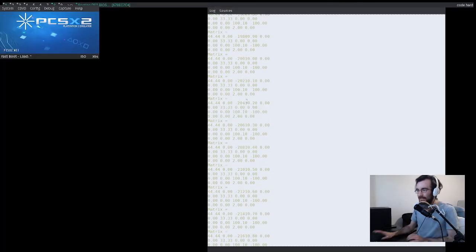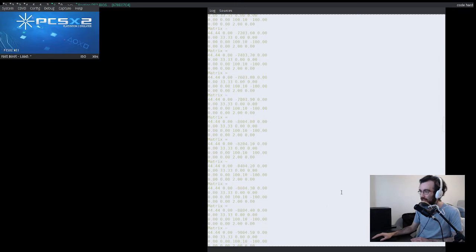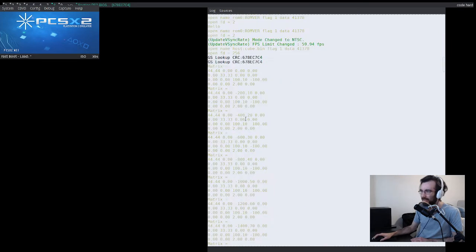Okay, so what do we see? First off, this is a really big number. That might be too big of a number. That looks slightly suspicious. This is scale, this is rotation, this is translation related. If we look here, as we move our camera, this number is what's changing.